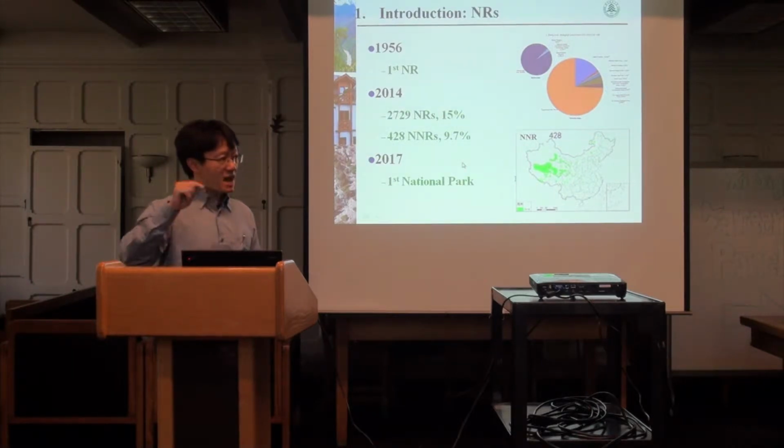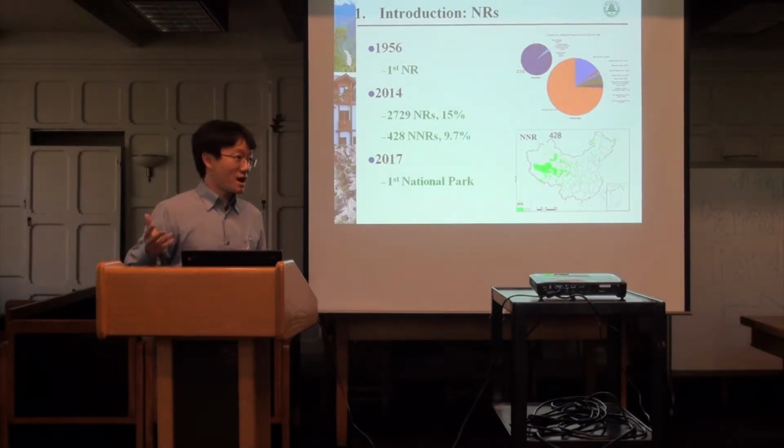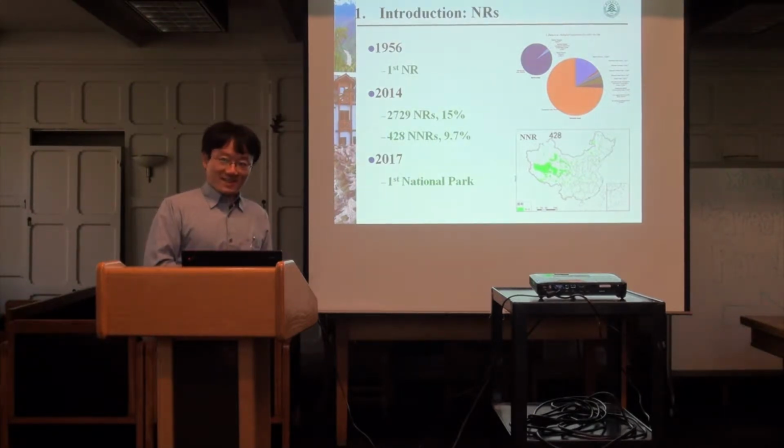And we also established the first national park. This is a little bit curious. The national park might actually be the same as the nature reserve in wildlife conservation or biodiversity conservation. But in China, our government believes that the national park will be higher than the nature reserve.